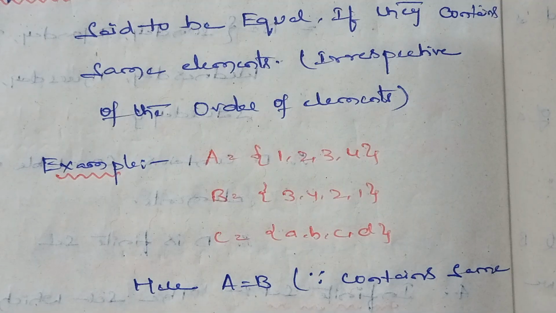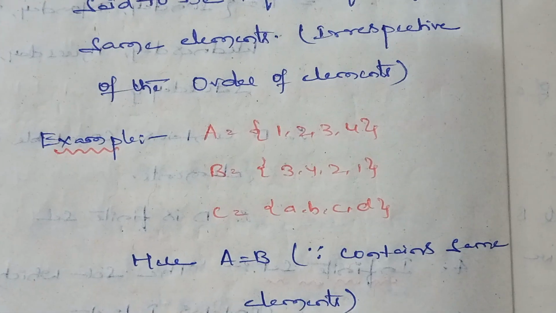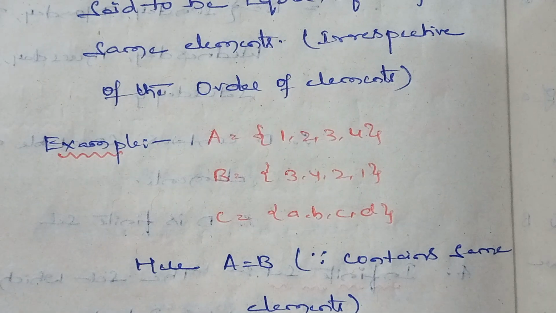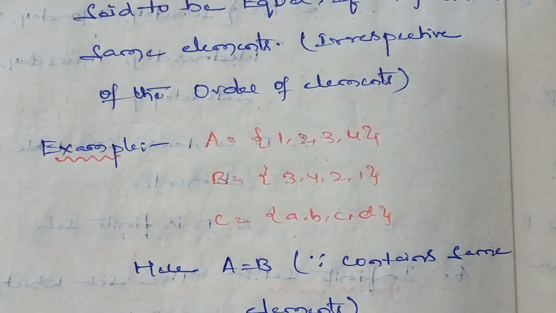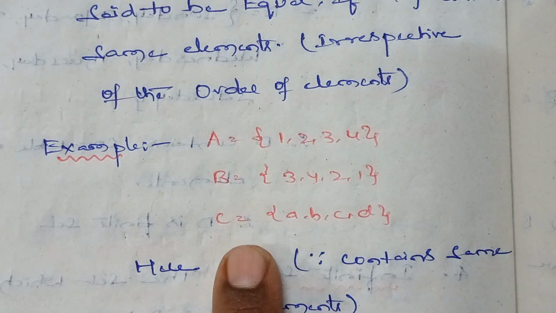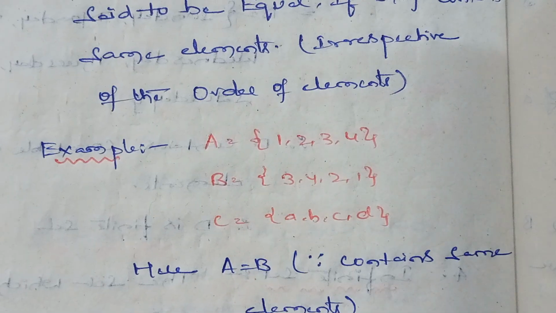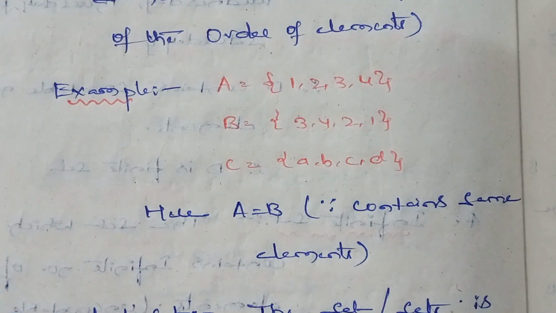Set B contains 3, 4, 2, 1, and set C contains a, b, c, d. Here set A and set B contain the same elements, right? Irrespective of the order. So 1 is there in set A, 1 is there in set B, 2 is there in set A, 2 is there in set B, like that. Therefore we call A equal to B.